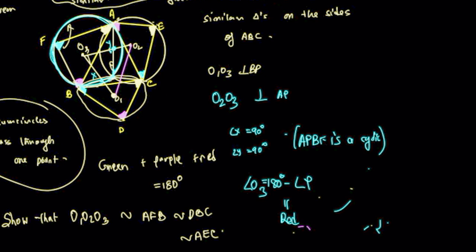Excellent. So as Anant rightly realizes, this angle O2 is now similarly equal to this purple, and angle O1 is equal to this green. So the inner Napoleon triangle is certainly similar to each of the similar triangles that we have erected earlier.